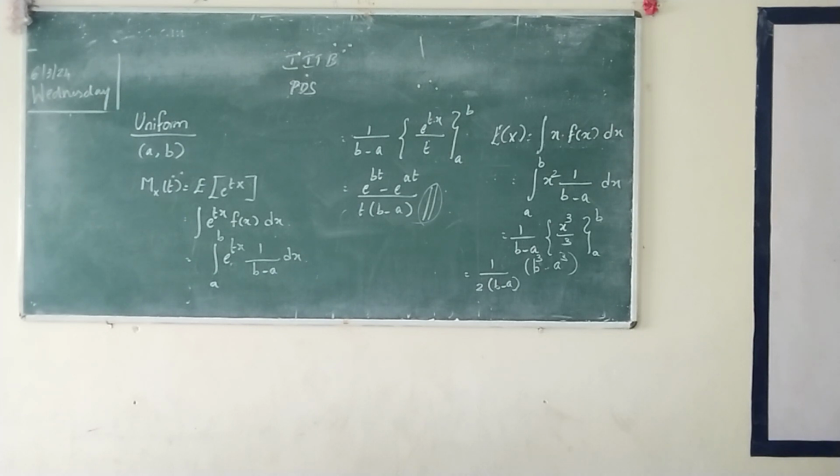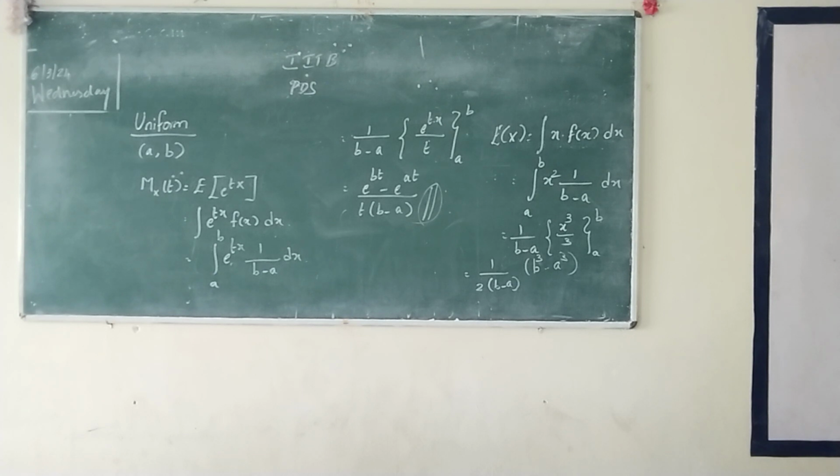Problems. First one: x is uniformly distributed with mean 1 and variance 4 by 3.